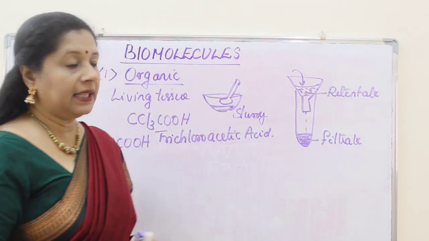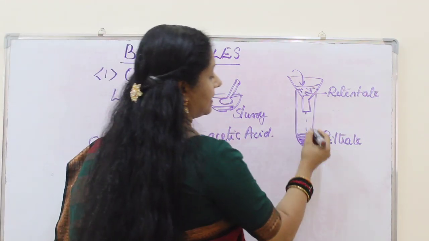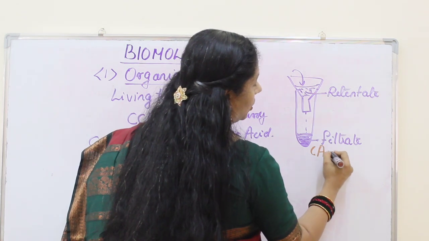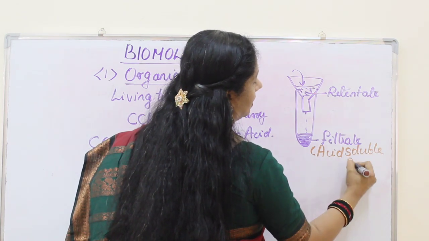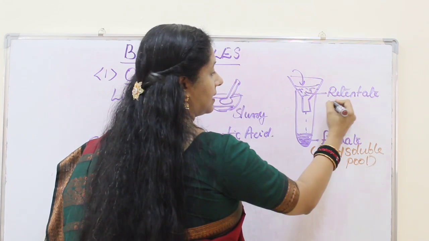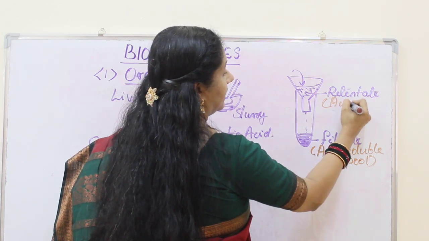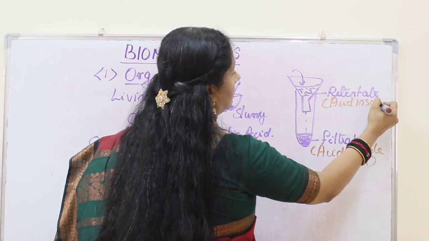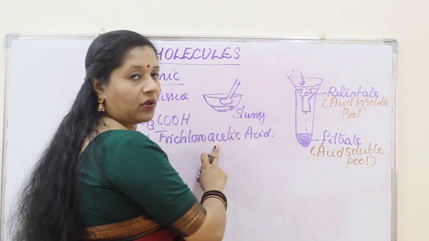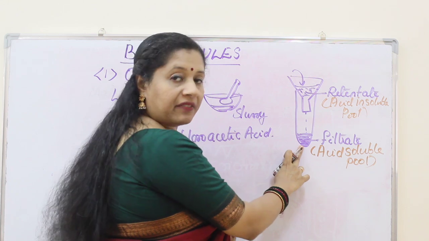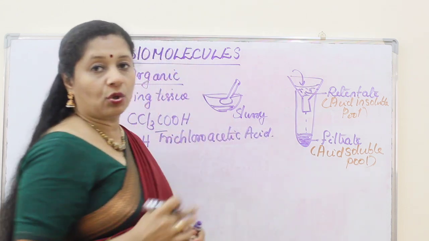In this case, the filtrate has everything which is soluble in acid, so we can call it the acid soluble pool. Whereas this is called the acid insoluble pool. Whatever could dissolve in this trichloroacetic acid has come down. That is called the acid soluble pool.